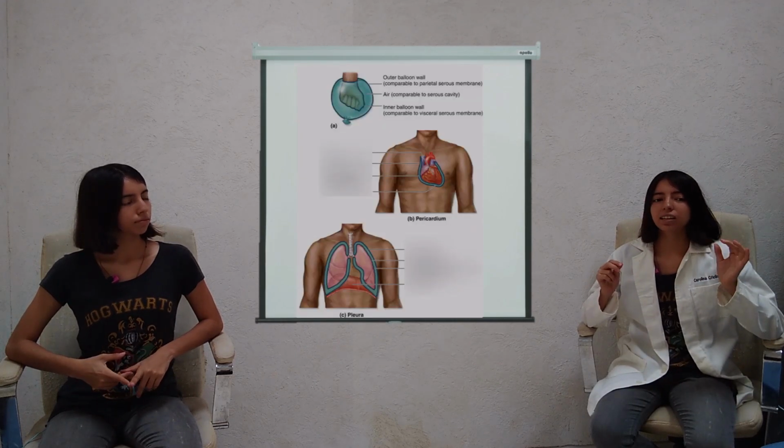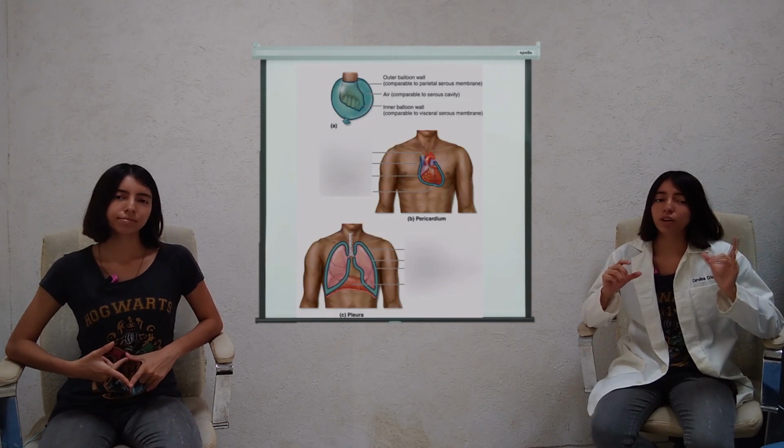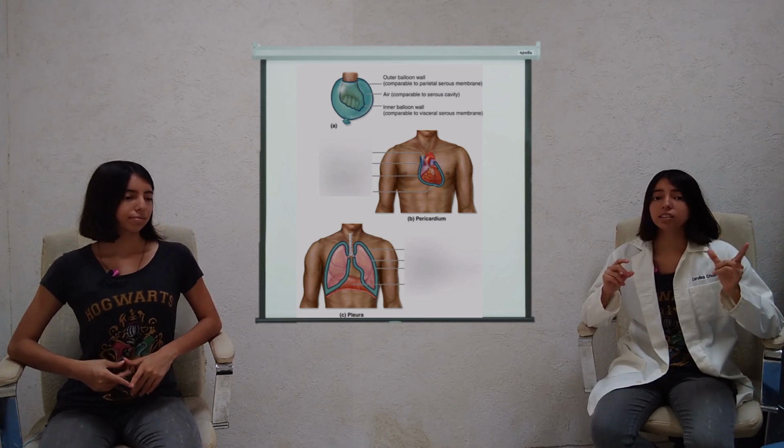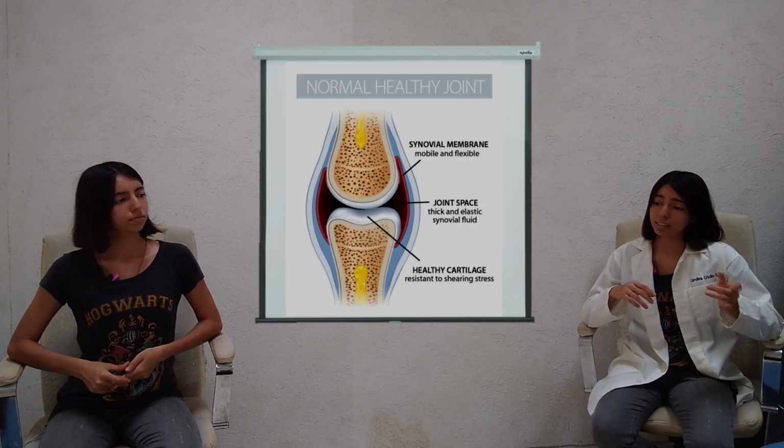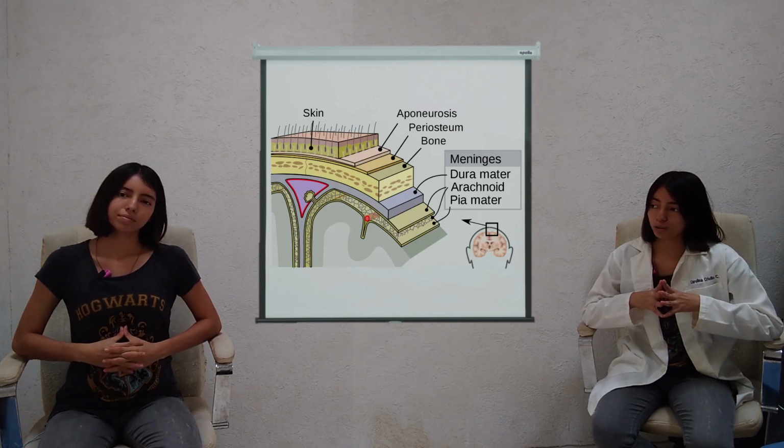The serous membranes line the abdominal, pelvic, and thoracic cavities and cover the organs that they contain. The synovial membranes line freely movable joint cavities, and the meninges cover the brain and spinal cord.